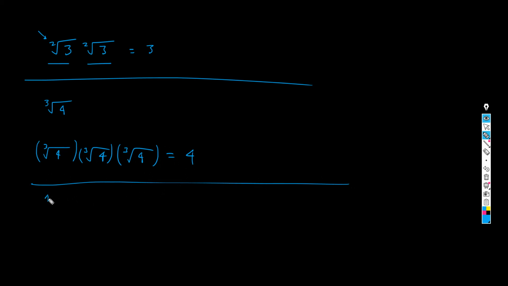What about the fourth root of 7? What is this number? It's the number such that when you multiply it by itself as many times as the index tells you, which in this case is 4, you're going to get the number inside the radical.